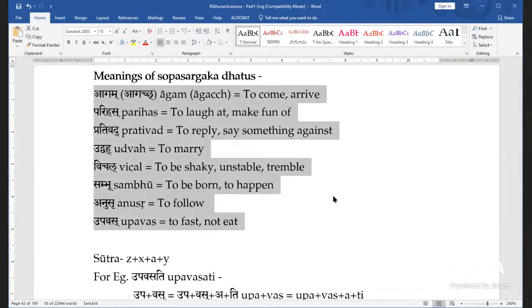Agam, agach, to come, arrive. Parihas, to laugh at, make fun of. Prativad, to reply, say something against. Dwah, to marry.